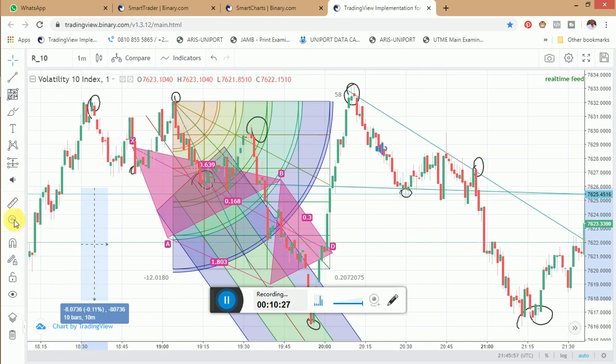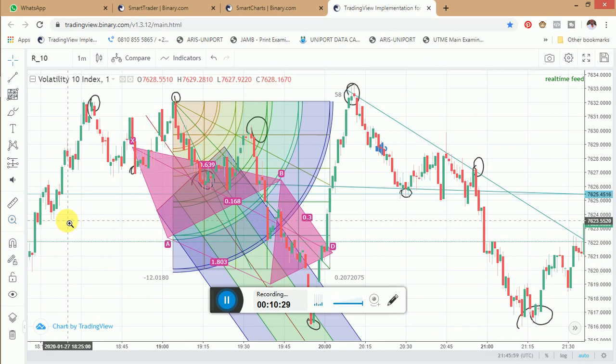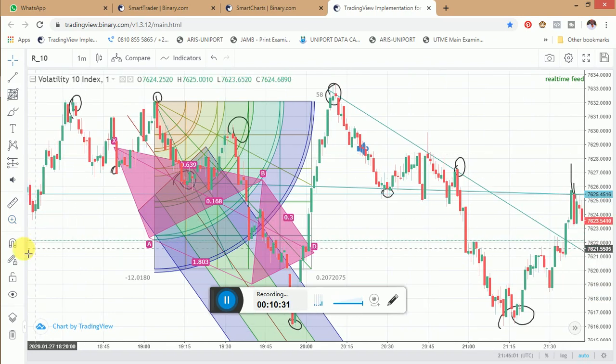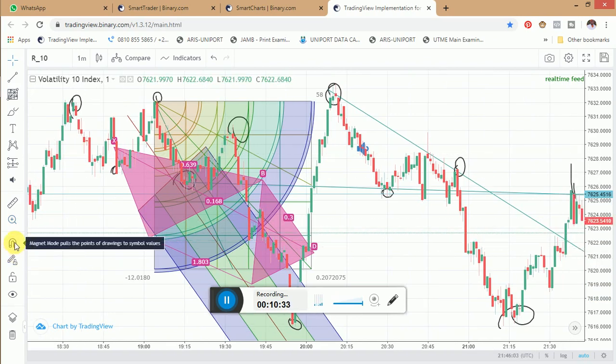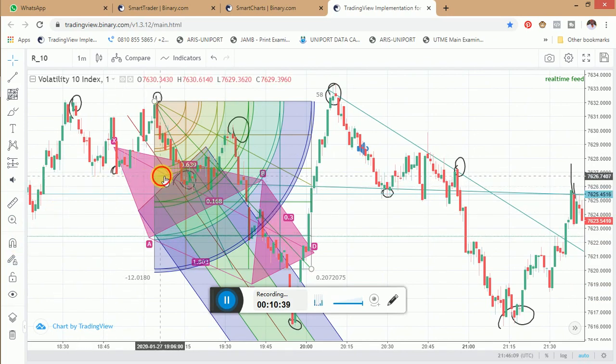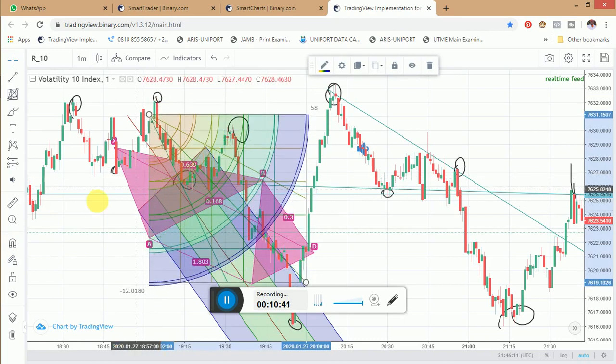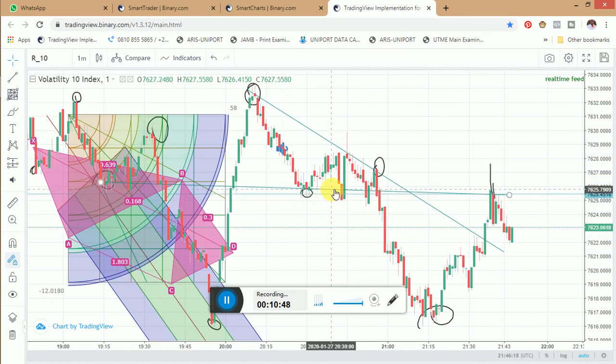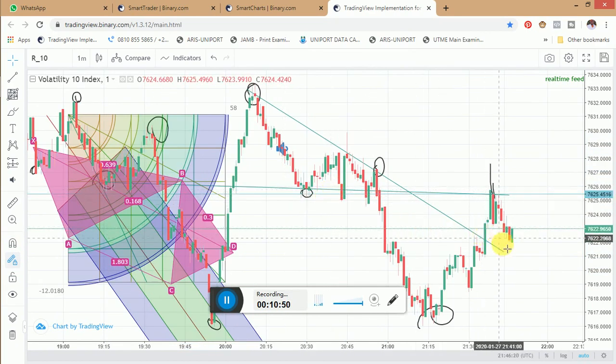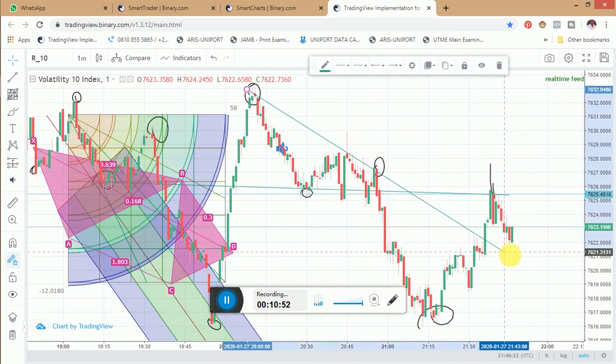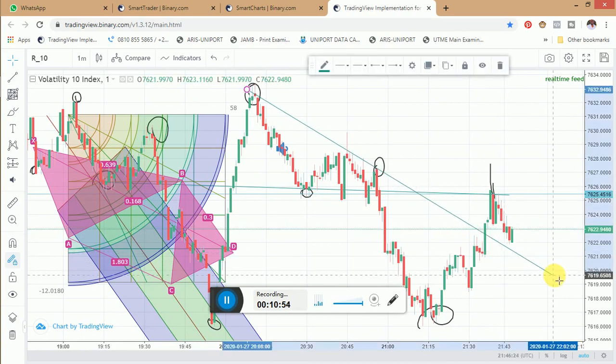Then you can zoom the chart in, zoom a point in or out. Then we have magnet mode. Then you can lock the drawing so that whenever you shift the chart or whatever you do to the chart, nothing happens. Like this one now, we can see, extend it this way.